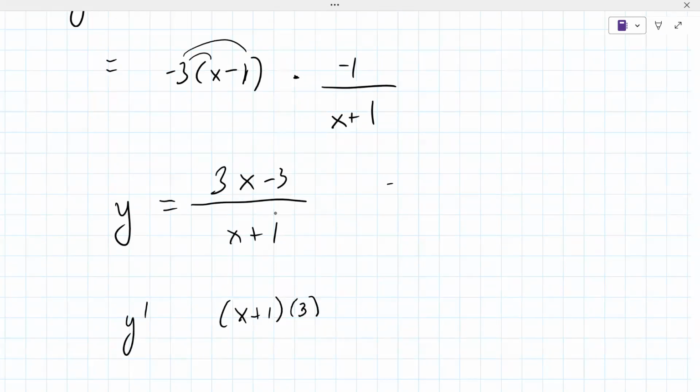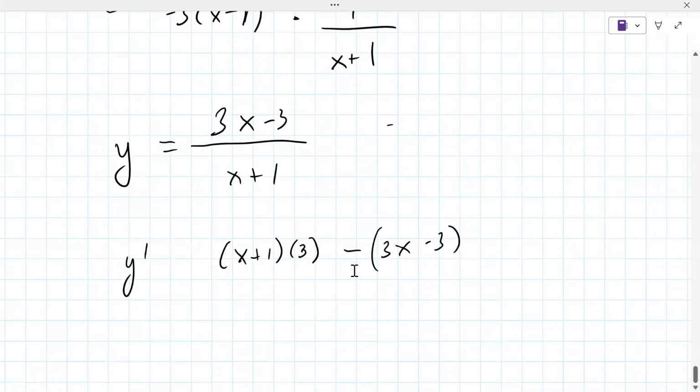I got two threes, minus the top like that. So that's your top. Yeah, that's exactly what I have. So we got 3x plus 3 minus 3x plus 3. That actually does work out. You're right. That could have happened. I just made this up. I didn't really think that much about it.